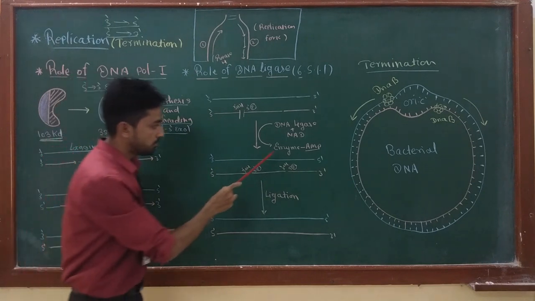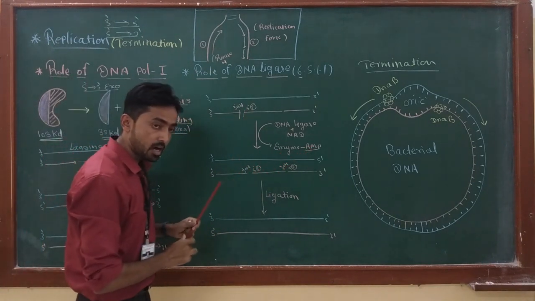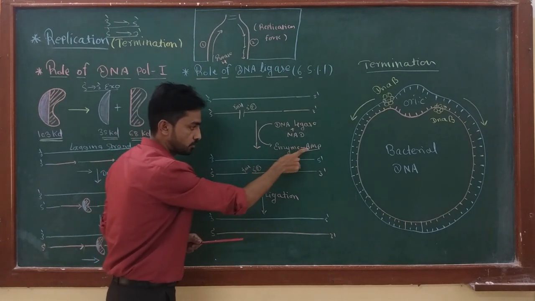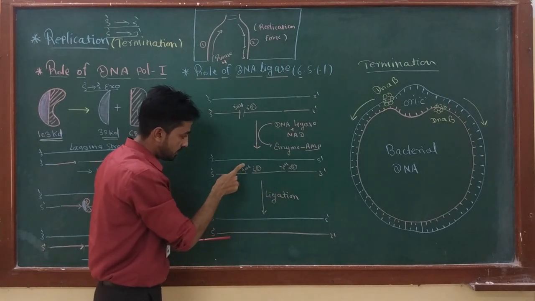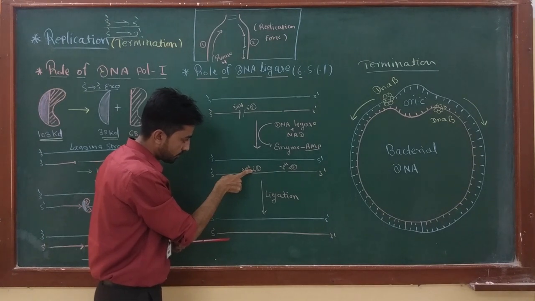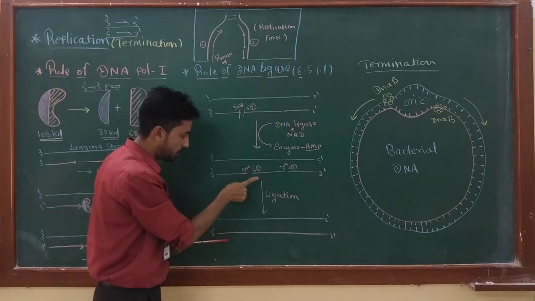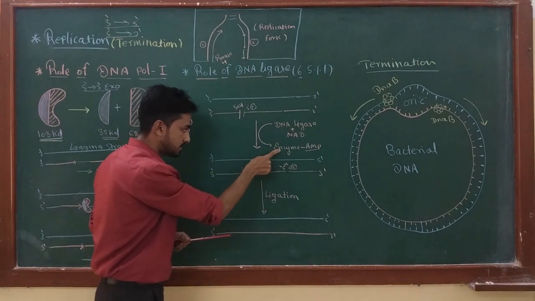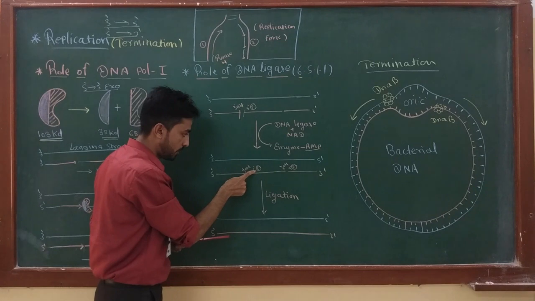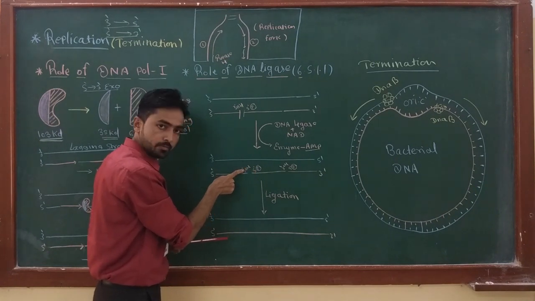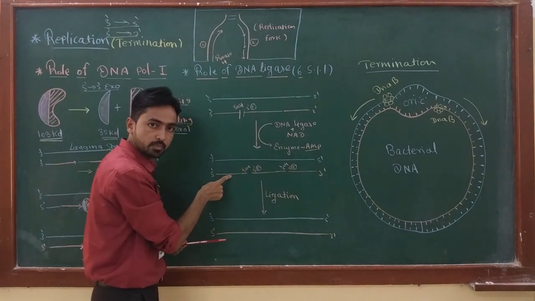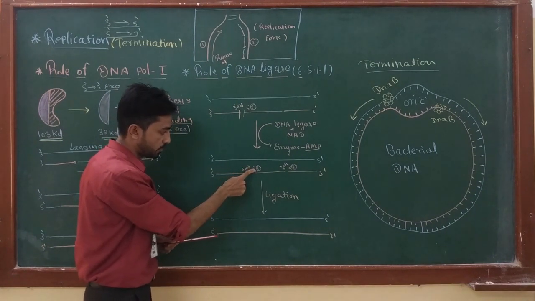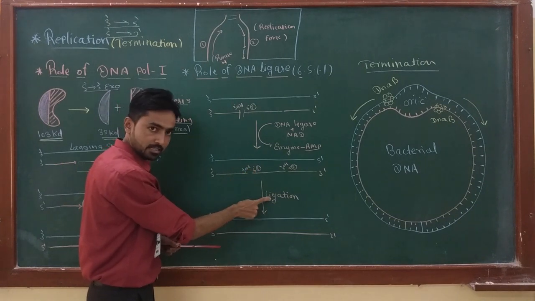Now the enzyme having the adenosine monophosphate molecule interacts with the phosphate present at the 5' end of one fragment. Then by nucleophilic attack, the enzyme combines this phosphate with the 3' OH hydroxyl group present on the adjacent fragment. Due to this, a bond is produced between 3' OH and 5' phosphate, which is called the ligation reaction.